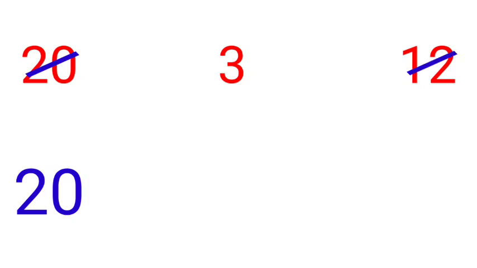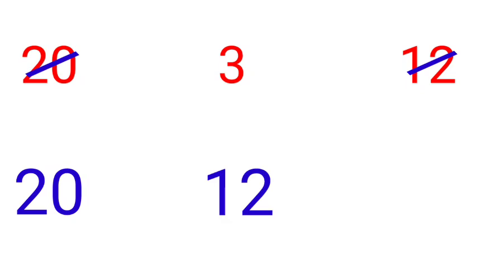It is 20. So, strike out 20 and write 20 first. Next, we are left with 3 and 12. Out of these two numbers, 3 and 12, which number is biggest? It is 12. So, strike out 12 and write 12 next to 20.